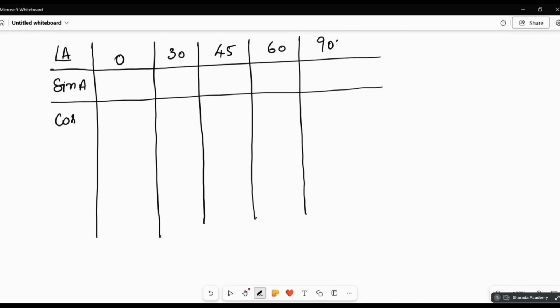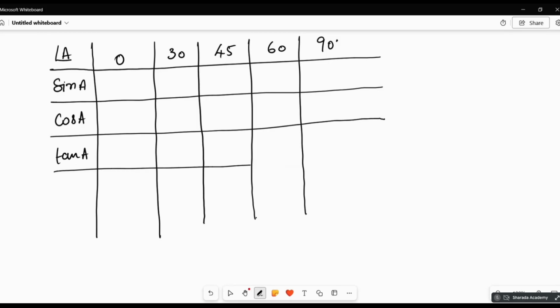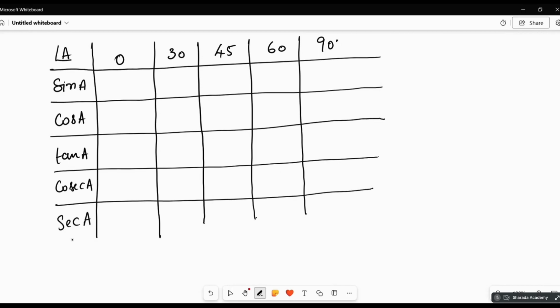Then you have cos A, tan A, cosecant A, secant A. Sin, cos, tan, cosecant, secant, and cotangent.